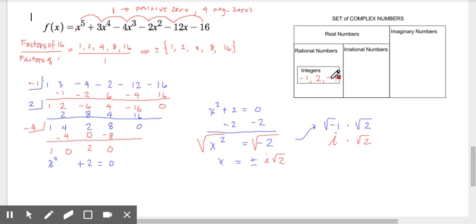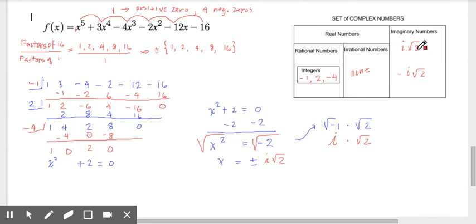So these are the rational zeros of f of x. Did we find any irrational zero? No, there is none. Okay, so we don't have anything to put there. And then imaginary zeros. These are the imaginary zeros, and we have i square root of 2 and its conjugate negative i square root of 2.